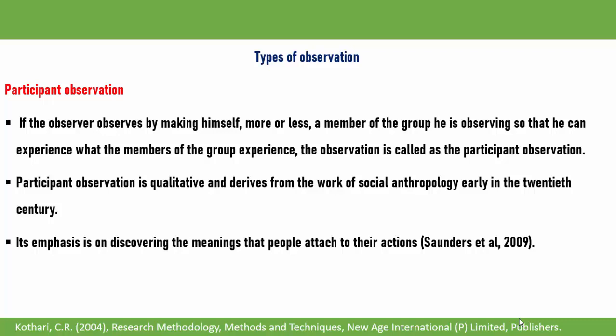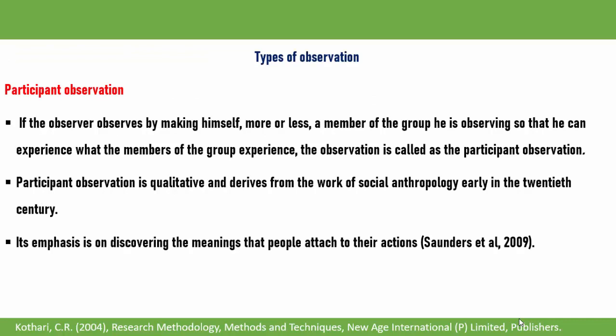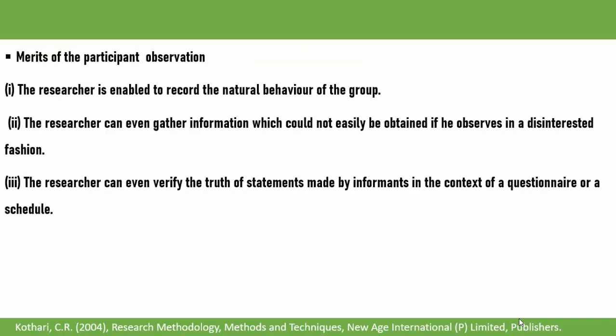Participant observation is qualitative and derives from the work of social anthropology early in the 20th century. Its emphasis is on discovering the meanings that people attach to their actions. Merits of participant observation: the researcher is enabled to record the natural behavior of the group.